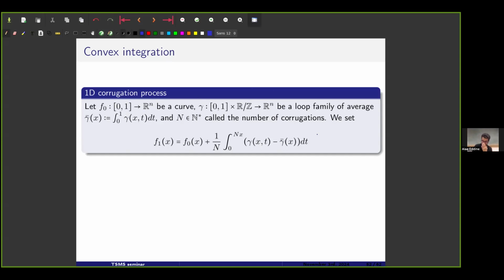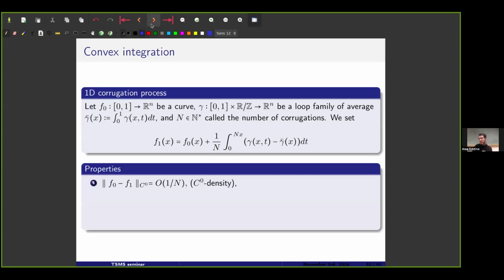So what is the idea behind this? First of all, f1 will be C0 close to f0, because if x is an integer, then this thing will be 0. This integral is one periodic, so it is bounded, and it is multiplied by 1 over n.